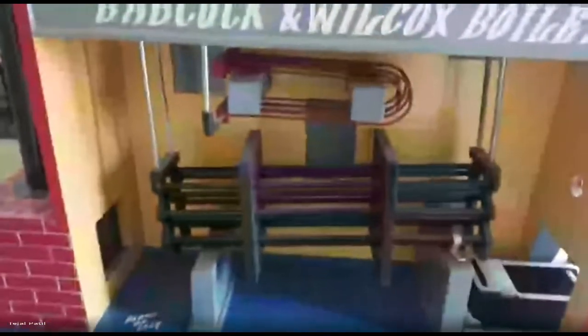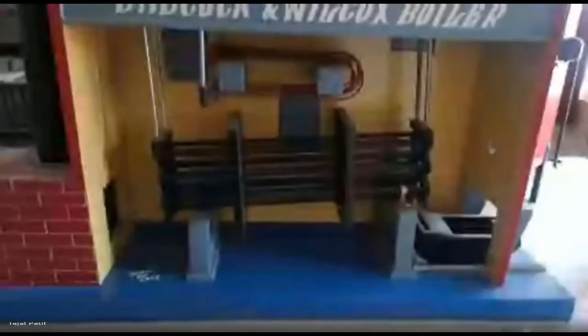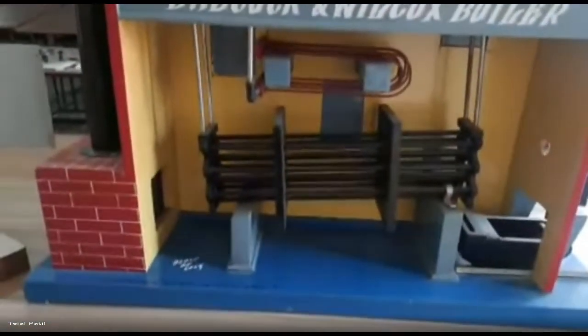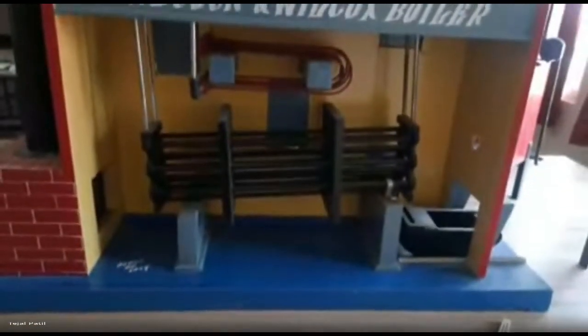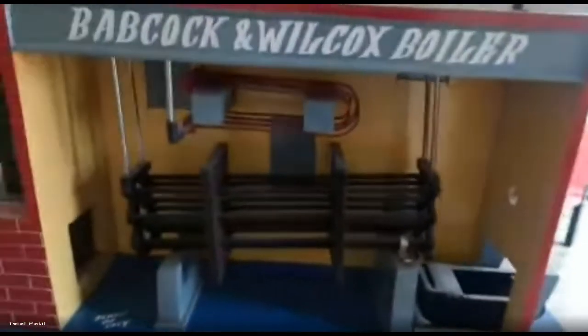Now why is this arrangement there? The reason is that this Babcock Wilcox boiler is a natural circulation boiler. That means due to the density difference, the water is going to flow. So here you can see what is going to happen.